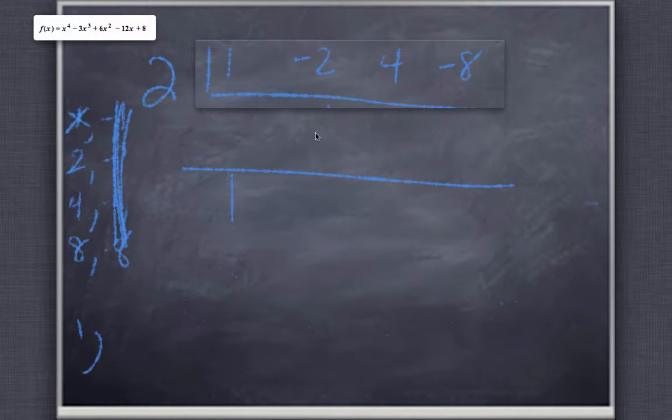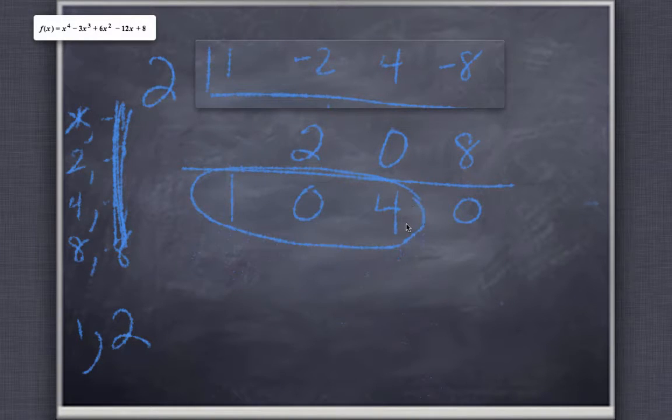Bring down the 1. 1 times 2 is 2. That's 0. 0 times 2 is 0. So 4. 4 times 2 is 8. 0. So now we know that 2 is also a 0. And now I'm left with a quadratic. So this is x squared plus 0x plus 4.